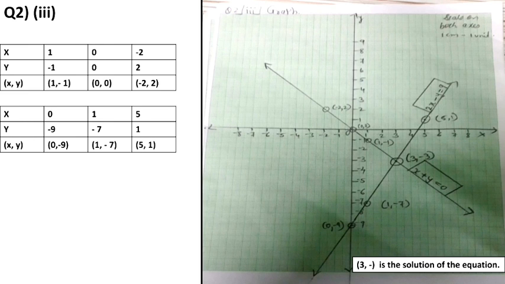Is that clear? The plotting is very easy, which we have learned in the previous class. So plot the points and draw the line, which will be collinear. If the points are collinear, then we can say that the graph is correct.